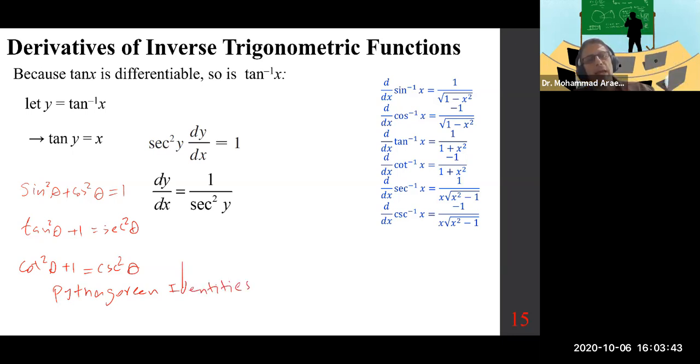So we're going to use that, okay? I will erase it later on. So secant squared, therefore, is tan squared plus 1. If you go back here, x is tan, so tan squared means x squared, plus 1.